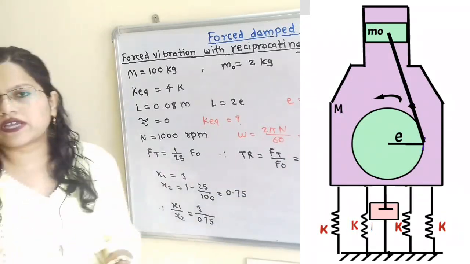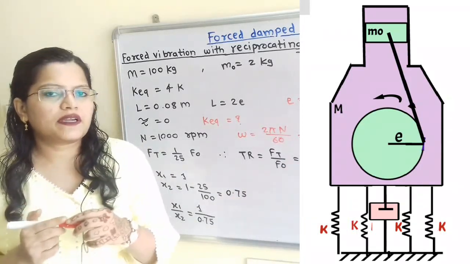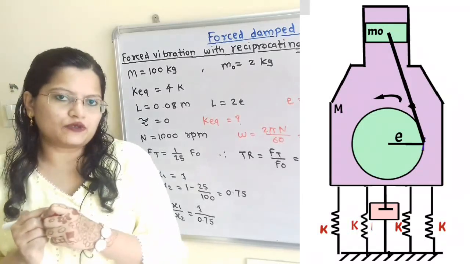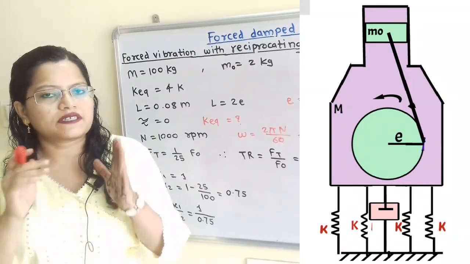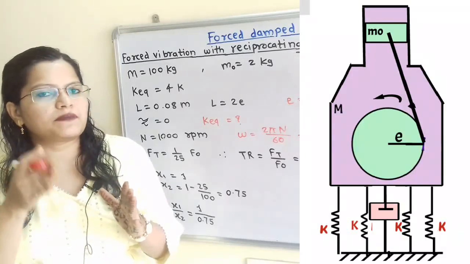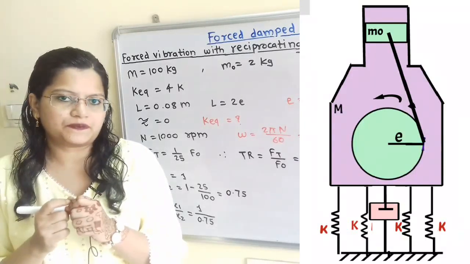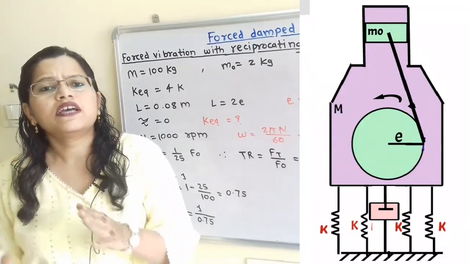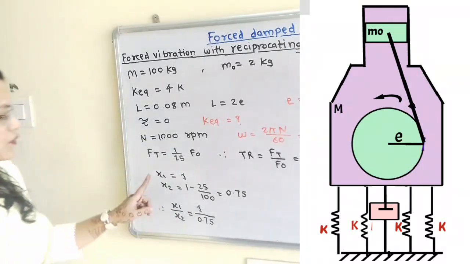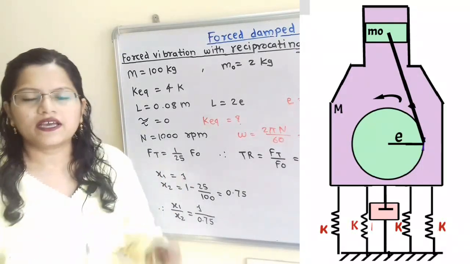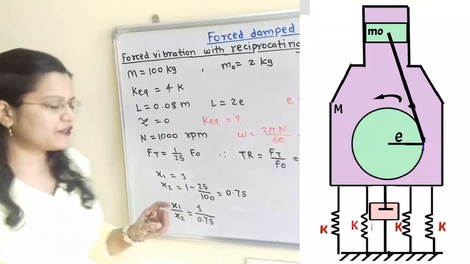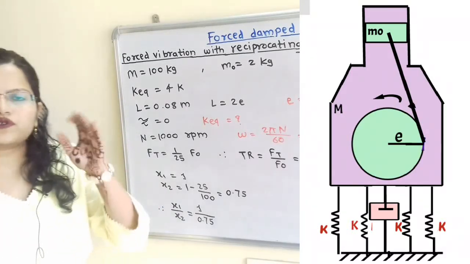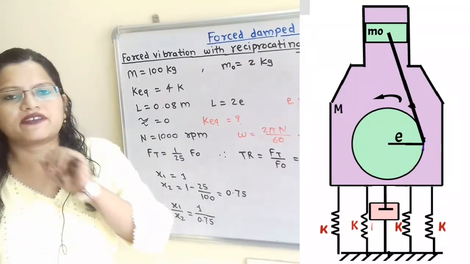Now it is also given the statement about the successive amplitude. So successive amplitude reduces by 25%. Now if we consider the first amplitude x1 is equal to 1, then the second amplitude, that is x2 is equal to, so it reduces by 25%.